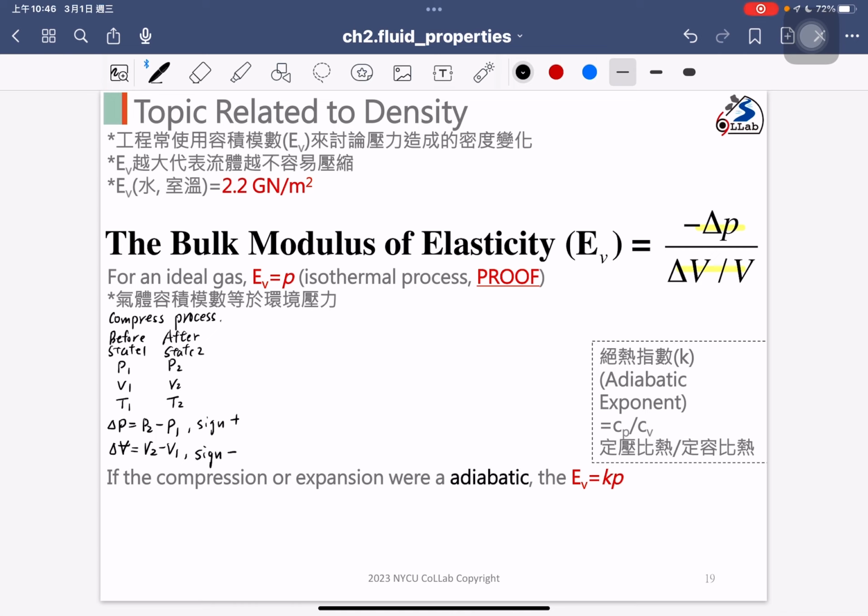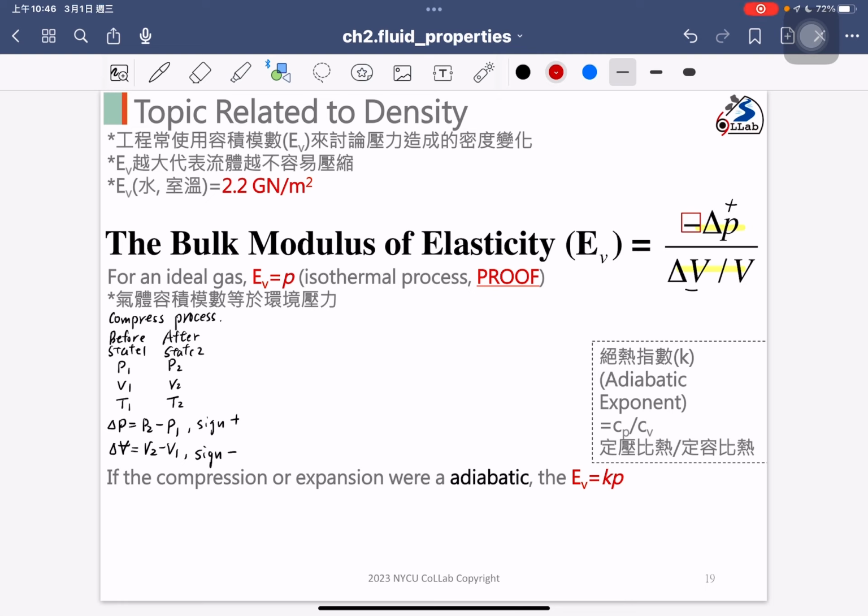So if you go back to the definition here, delta P is positive, but delta V is negative, and then you can notice there is an additional negative sign here. That's because usually we assume a compression process, so delta P is positive, but the resulting volume change is negative.